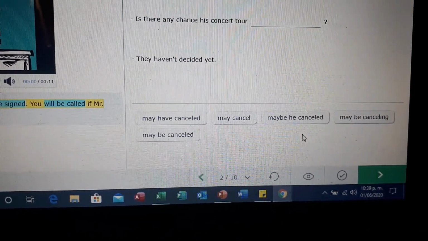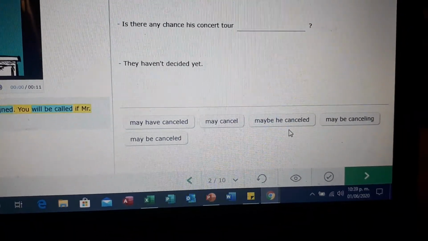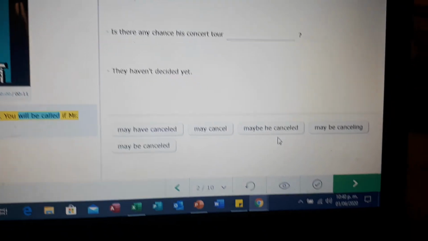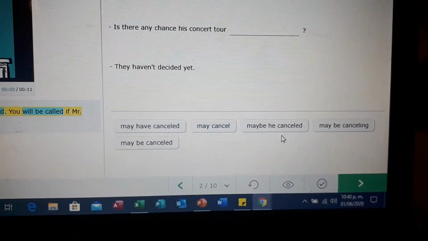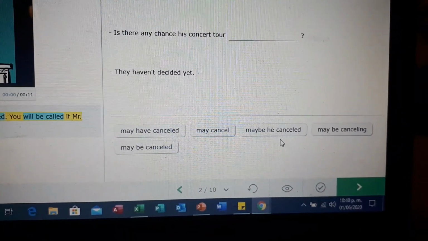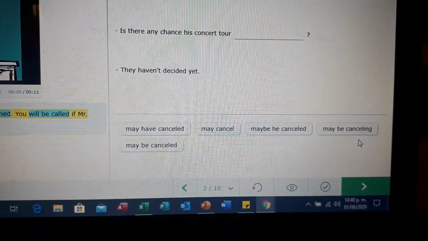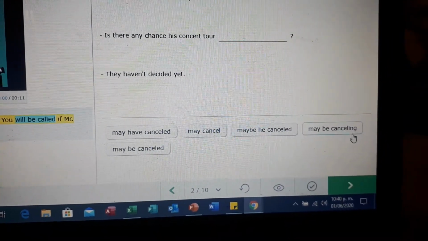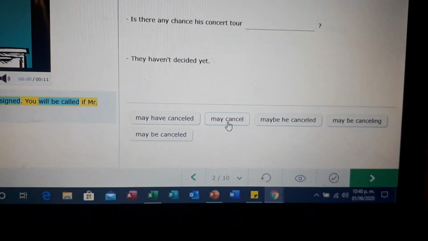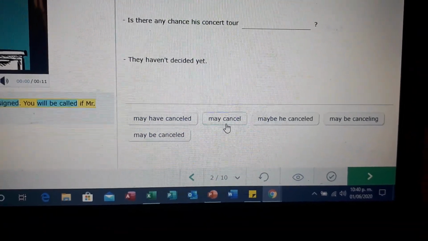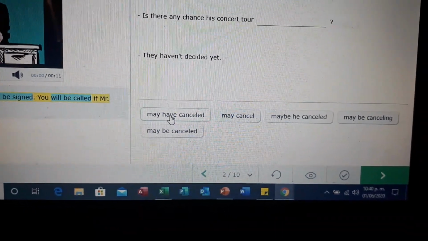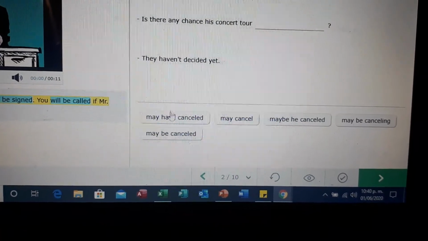So which of these is the answer? Remember that first we need the modal auxiliary. Then we need the verb to be. And then we need the action in past participle. So we can work with this one because this is ing. We can work with this one because we need the verb to be. We can work with this one also because we need the verb to be.